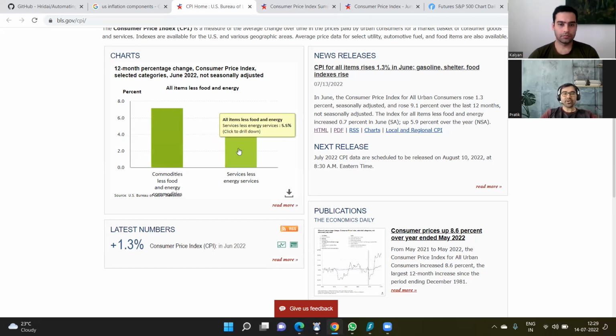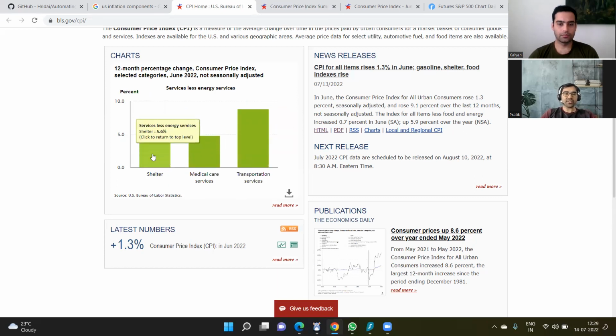If you drill down the 5.5%, shelter is one of the major components, around 32%. If you add associated services, it becomes around 42%. So shelter is a very significant component of the inflation basket, and it is growing at 5.6%. Last month, it was lower than this, around 5.4% or so.